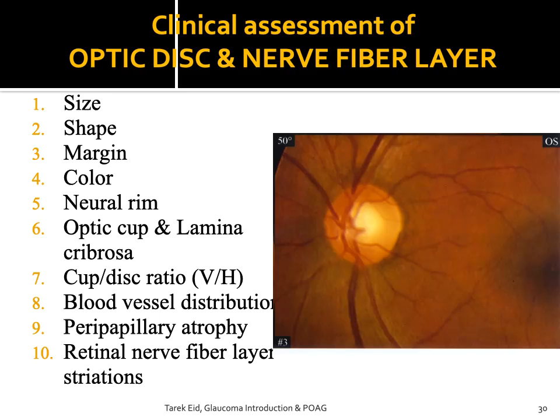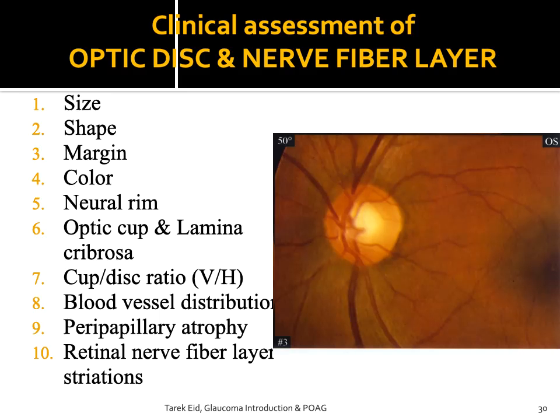We measure the area of the cup compared to the area of the disc, and then look at the blood vessel distribution, starting from the central trunk and then the upper and lower divisions, and after that the nasal and temporal divisions, and also the arteries and the veins.